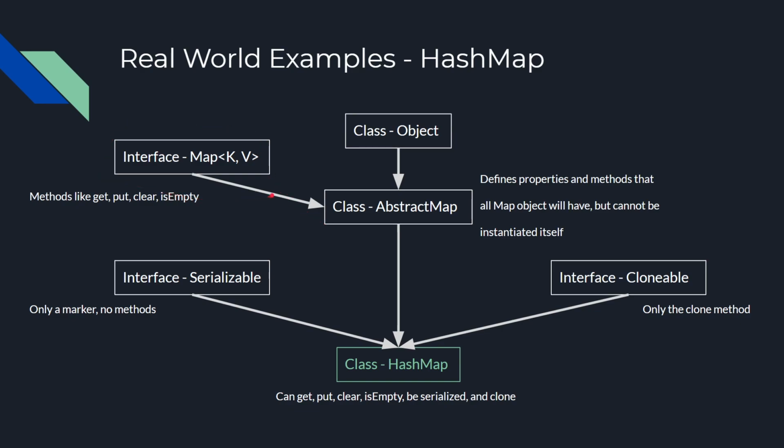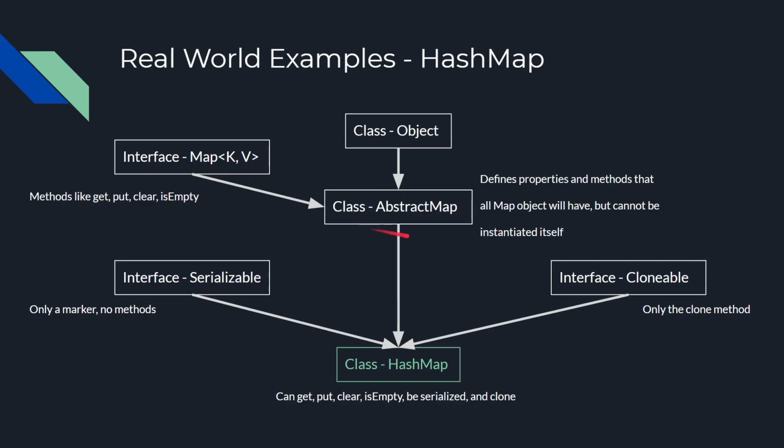Now, notice that they have the Map interface, and then the AbstractMap, and then the HashMap. This is basically the pattern that we just talked about, where the Map defines all of the method signatures that are required, like we learned about in the past with interfaces.